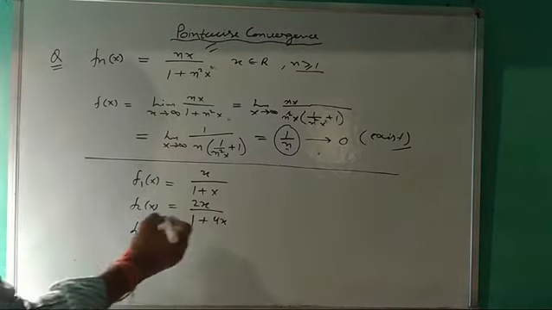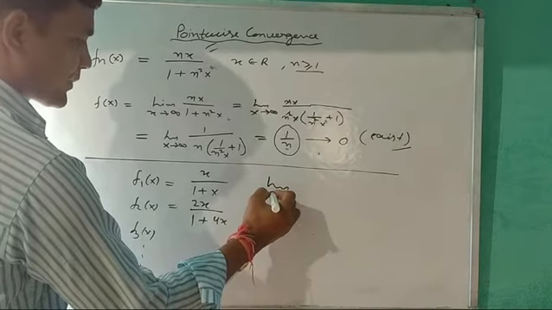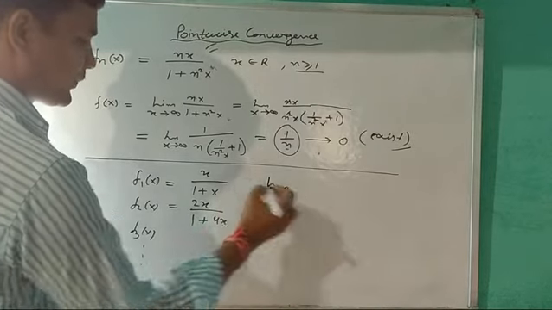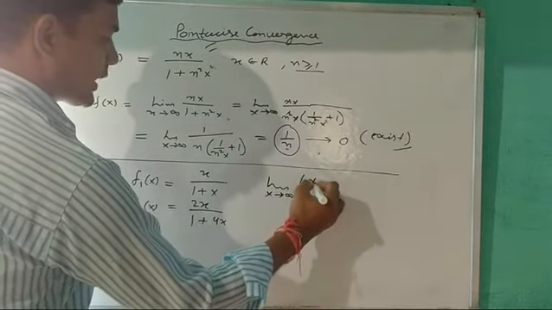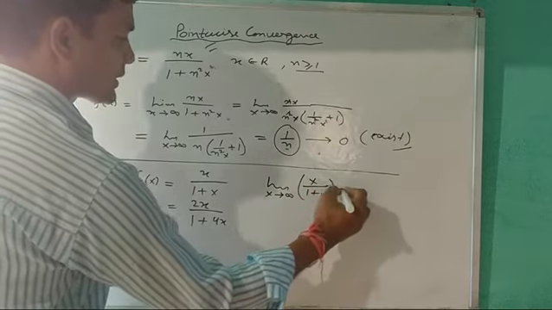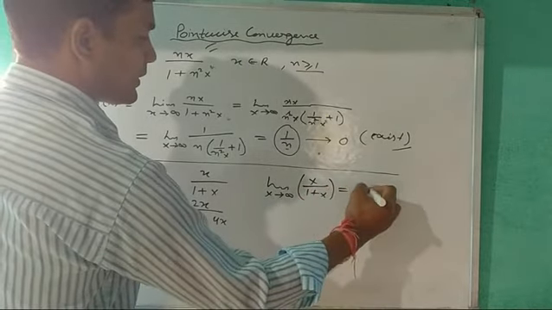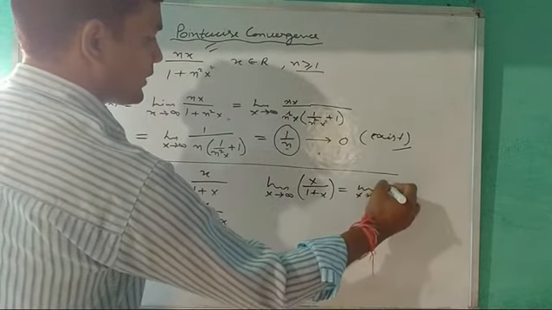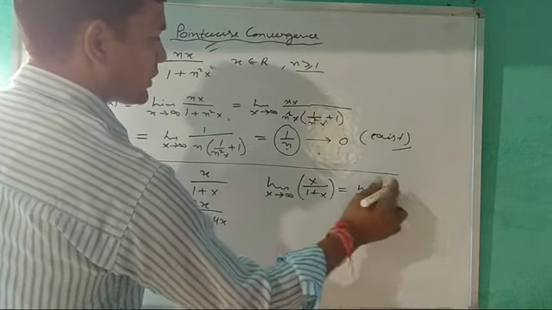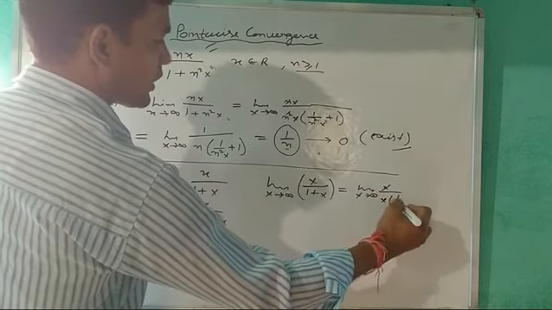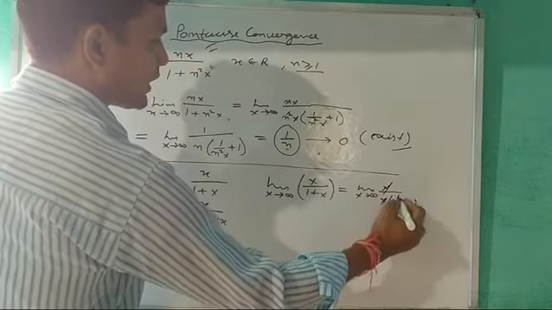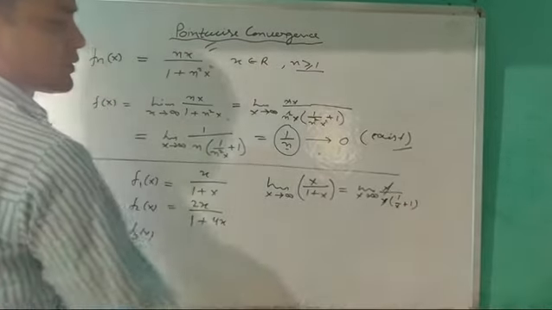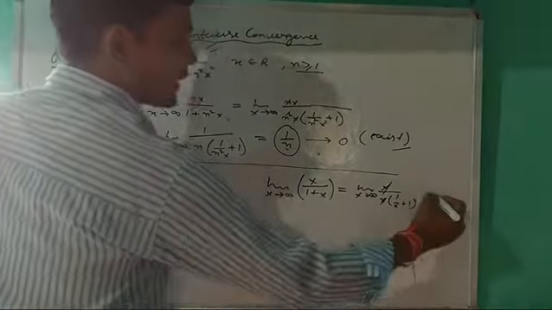And in this case, limit x tends to infinity of f1(x), which is x upon 1 plus x, equals limit x tends to infinity, x common, 1 upon x plus 1, and 1 upon infinity is 0, and the limit is 1.